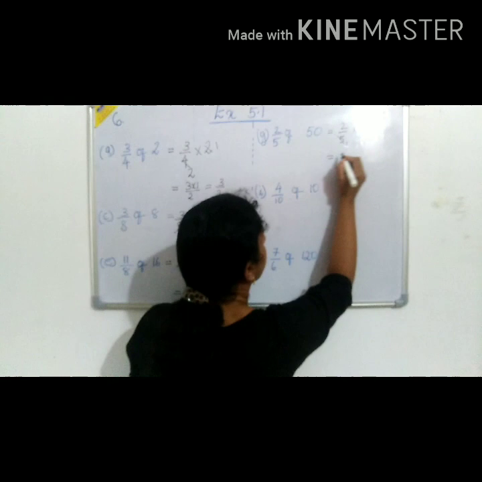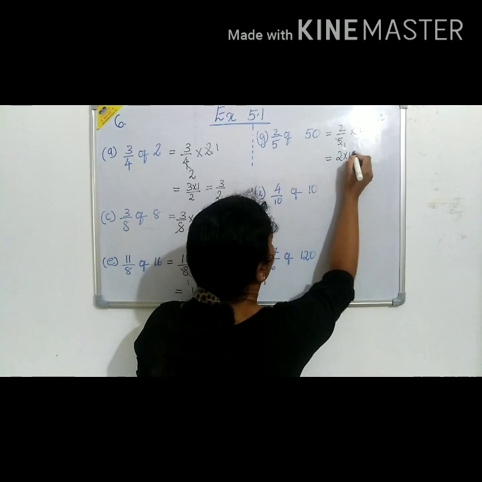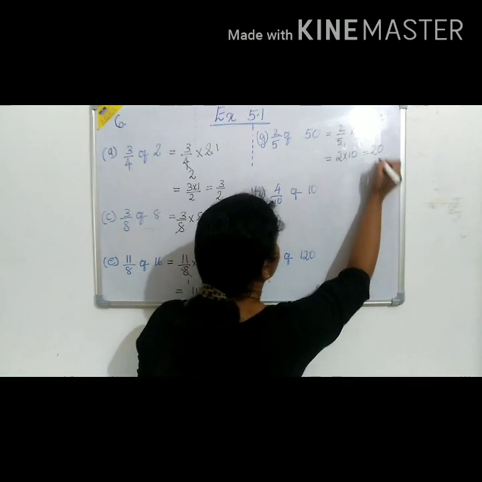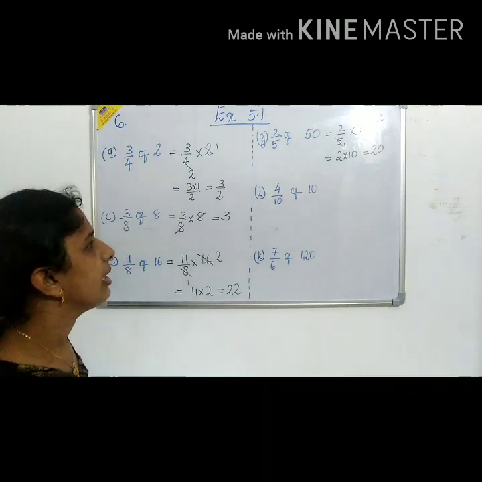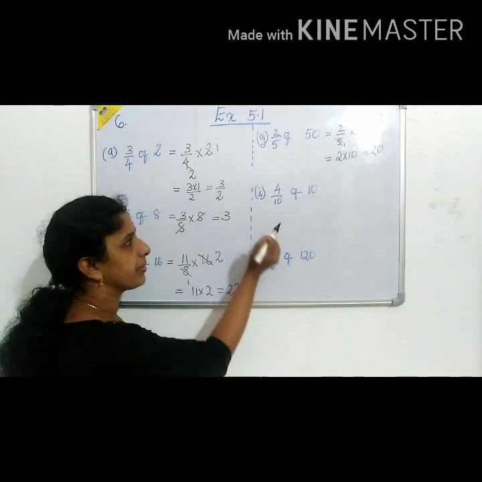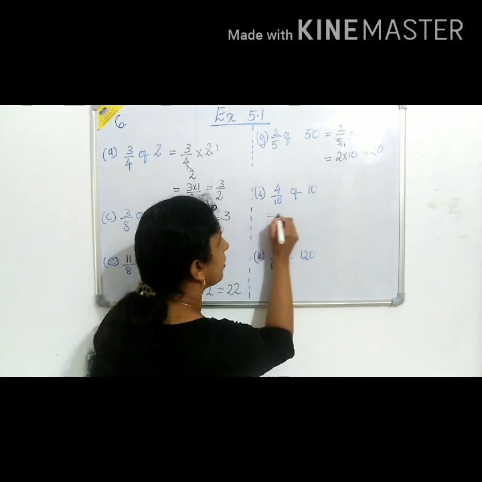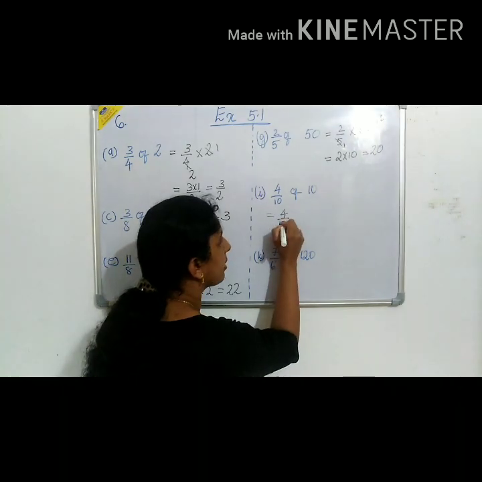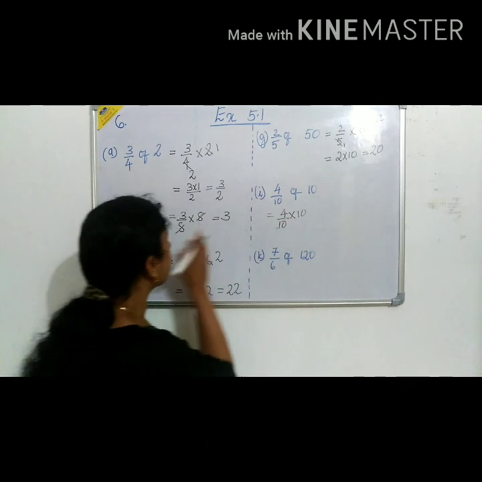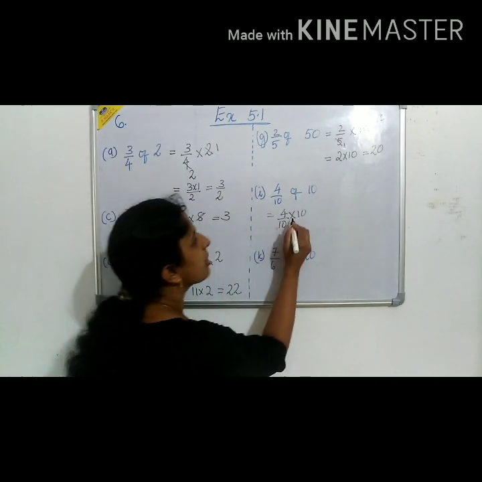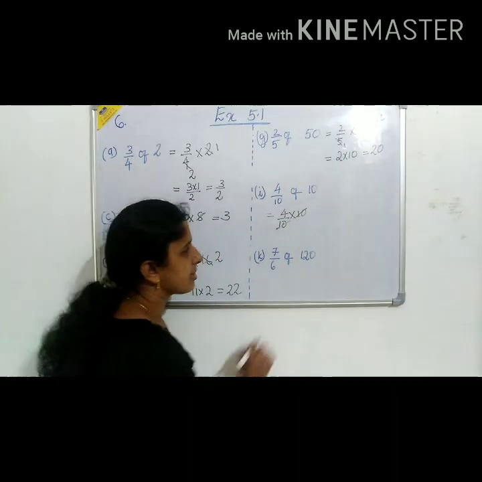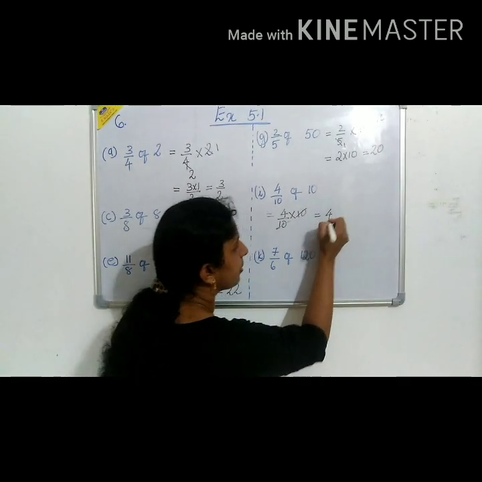This is equal to 2 into 10 and that is equal to, answer is 20. Now question number I. 4 by 10 of 10. This is equal to 4 by 10 into 10. Here we have done a similar question. 10 and 10 we can cancel. So answer is equal to 4.